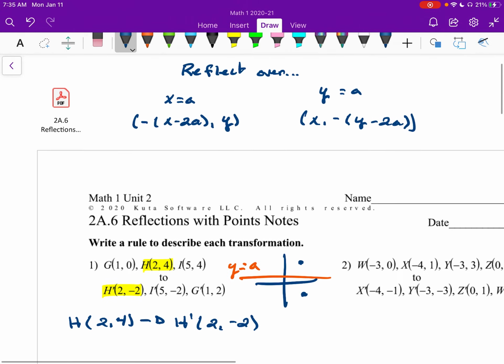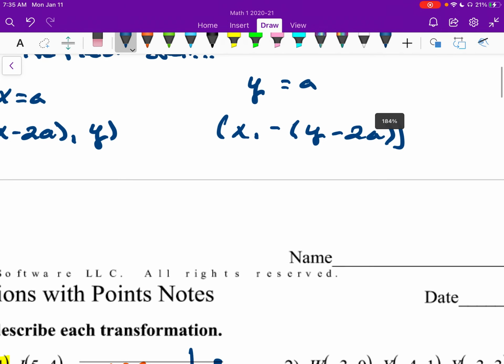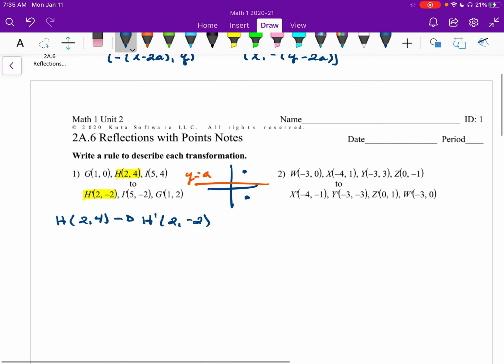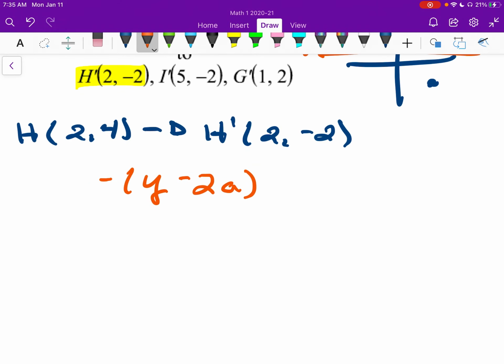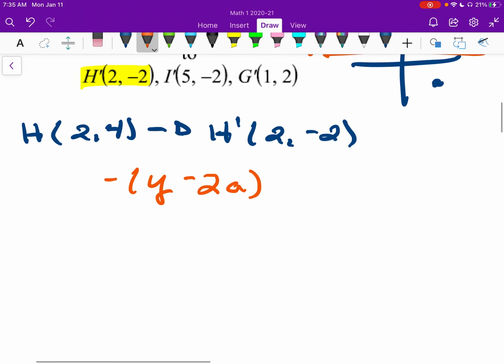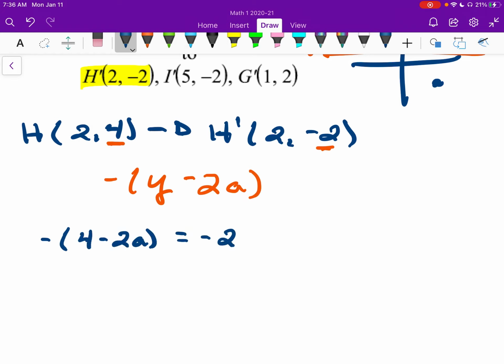So we're going to end up using the y equals a formula here. Let me go ahead and copy that down. I'm just going to use the y part of it because the x part doesn't change. So my y here is 4, and then I end up getting -2. So I'm going to have -4 minus 2a equals -2.